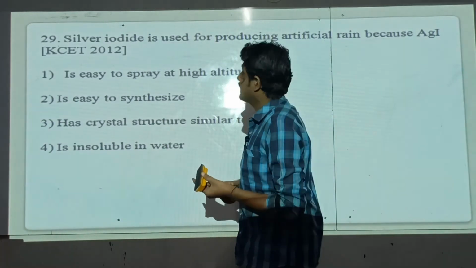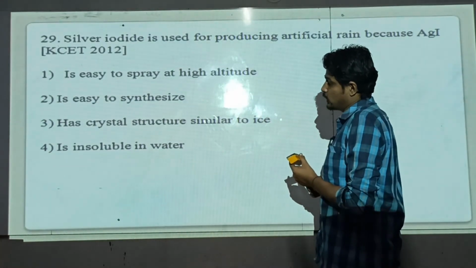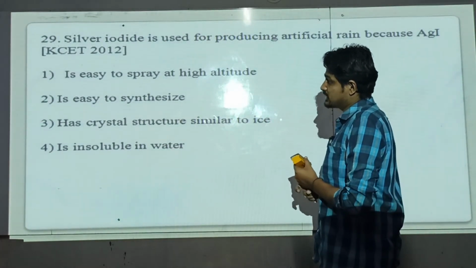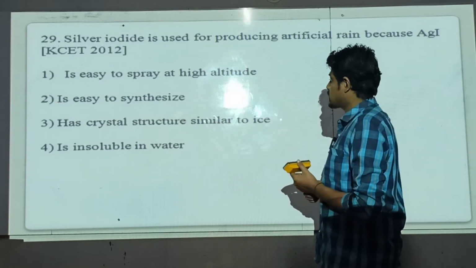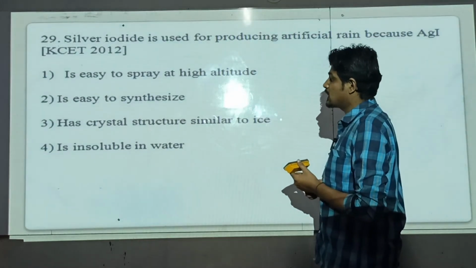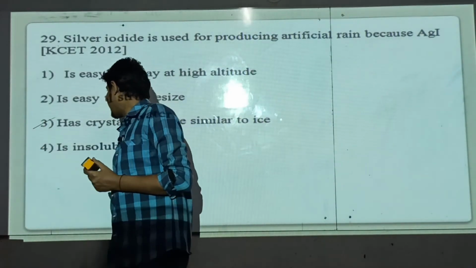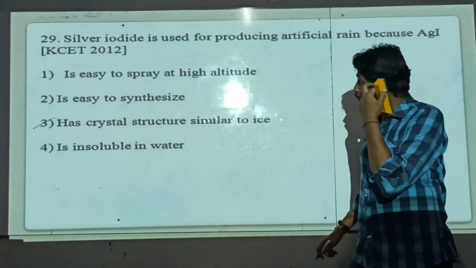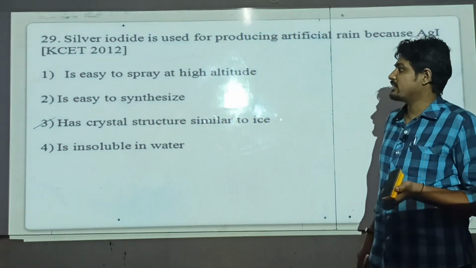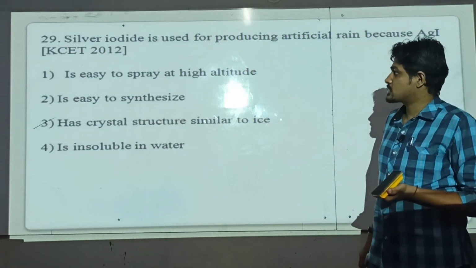One, it is easy to spray at a higher altitude; two, it is easy to synthesize; three, it has a crystal structure similar to ice; four, it is insoluble in water. I think the answer is that it has a crystal structure similar to ice. It has the same crystal structure as that of ice.